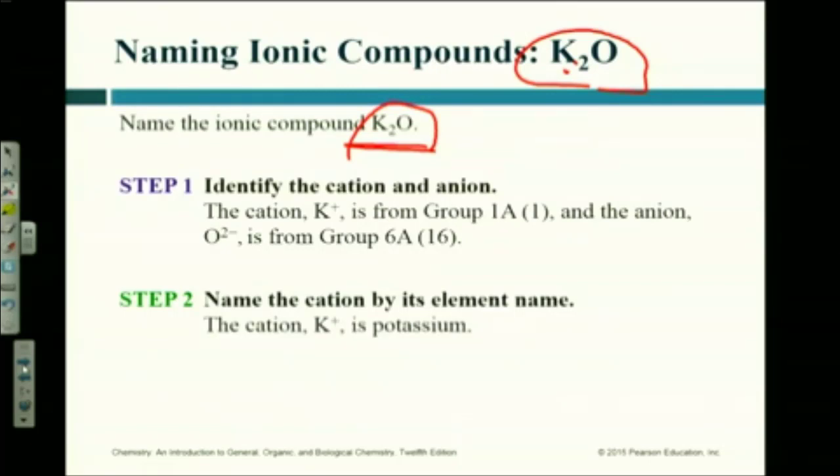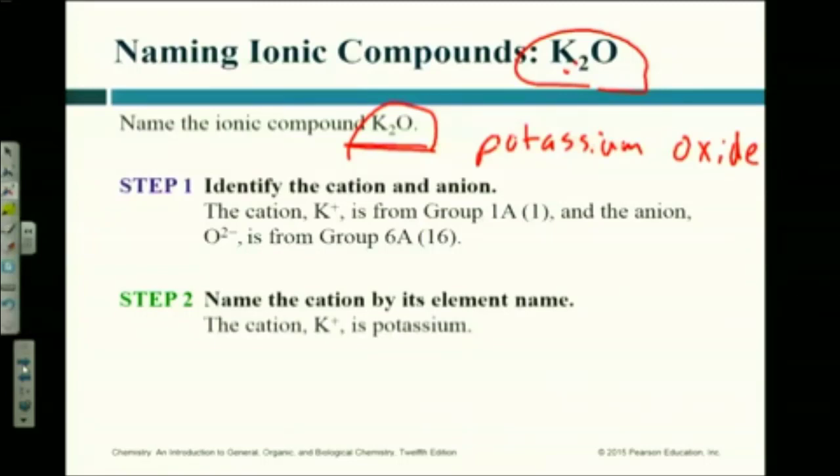So what's the name of the metal? Potassium. And what's the name of the non-metal? Oxide. It's oxygen, and the name changes to oxide. It is potassium oxide. 2 words, with a space in the middle.